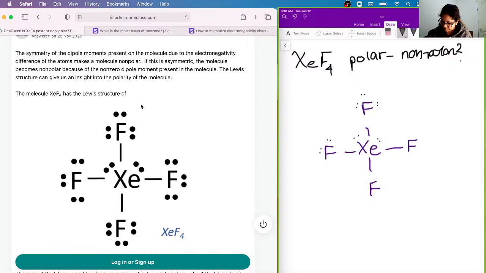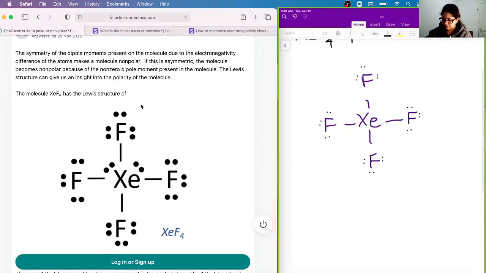That goes for all the fluorines. So this would be your structure. As you can see, there are 4 xenon and fluorine bonds and 2 lone pairs present on the central atom.